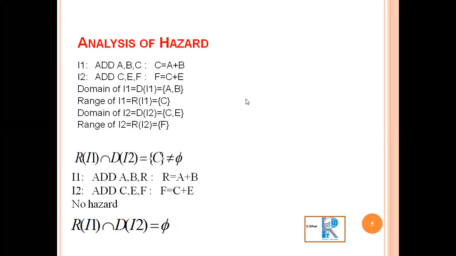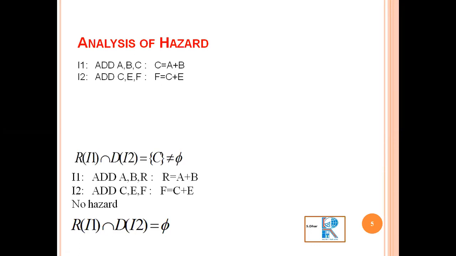Now the condition is: a data hazard occurs if range of I1 intersection domain of I2 is not a null set. And that hazard is called read after write. That means there will be no hazard only if the data is read after the write operation.